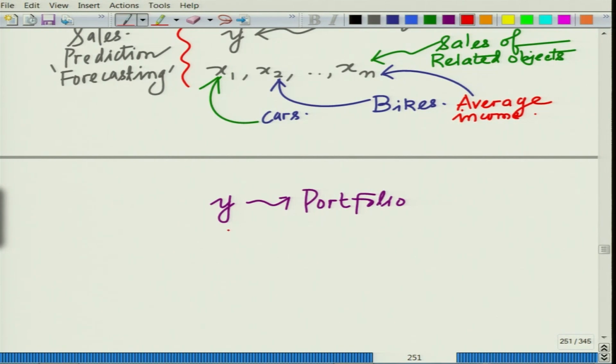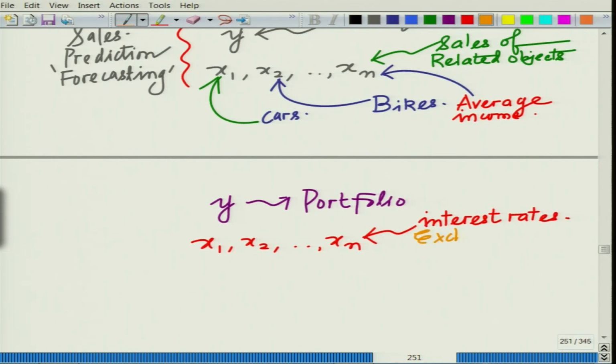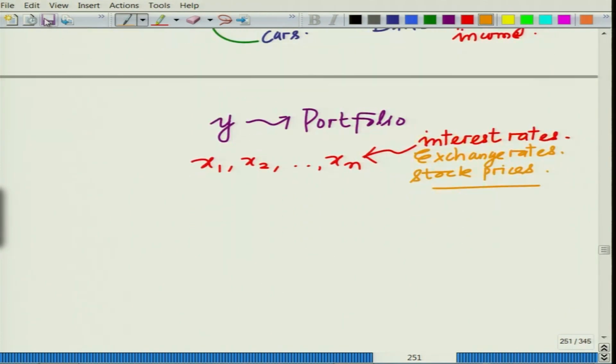And your x1, x2, xn can be various related quantities such as interest rates, exchange rates, or stock prices, etc. This is again a portfolio risk optimization problem.